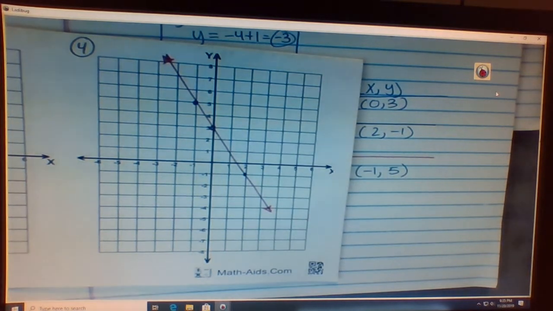Oh, you know what? I think that's the top point that's negative.